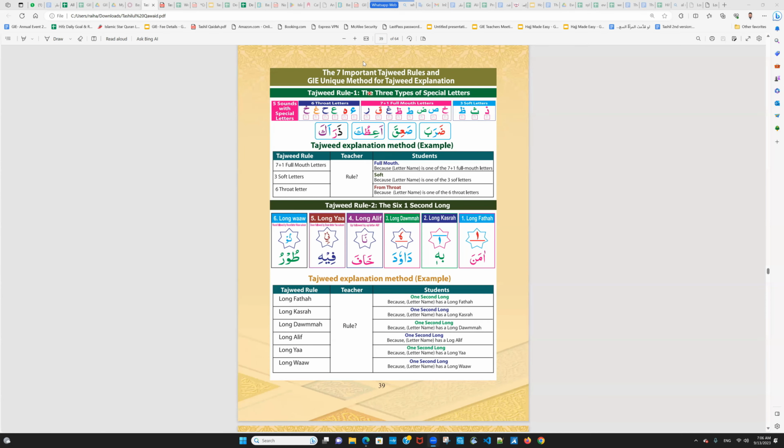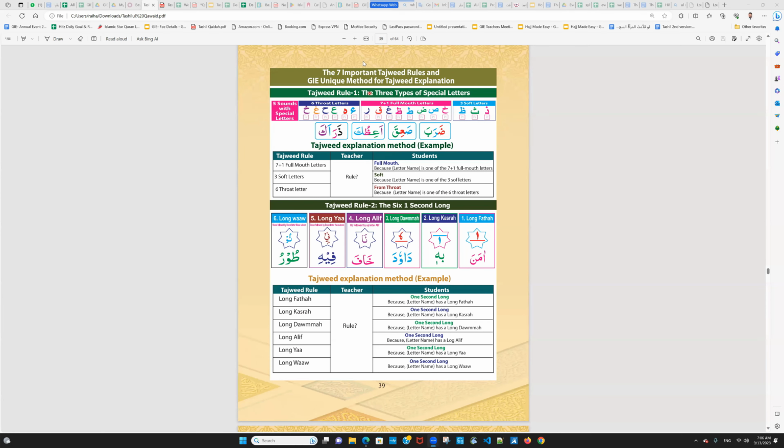For those students who are learning without spelling, they don't need to spell, they already know, but they are fixing again, kind of from the beginning with Tajweed. So the method name is letter by letter with rules without spelling.